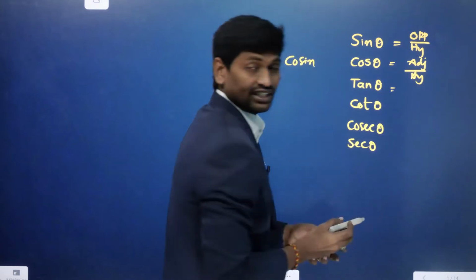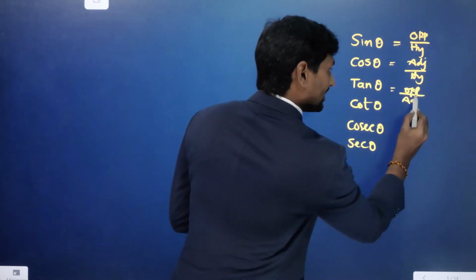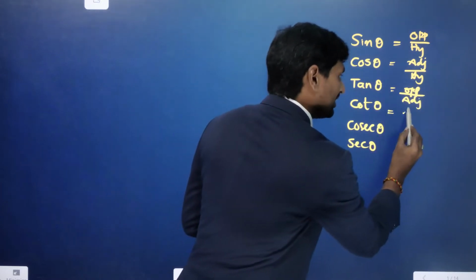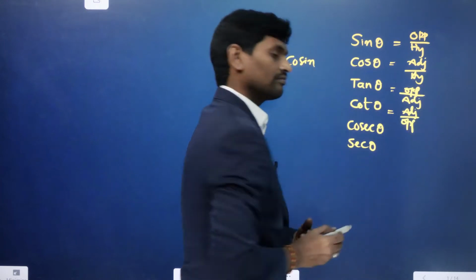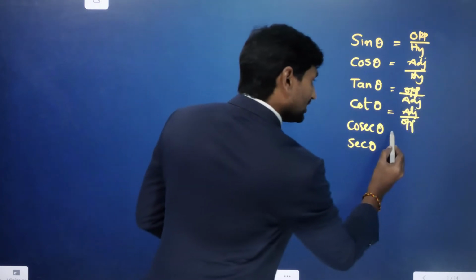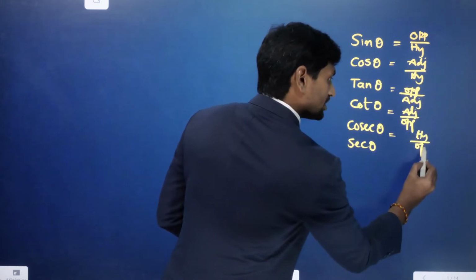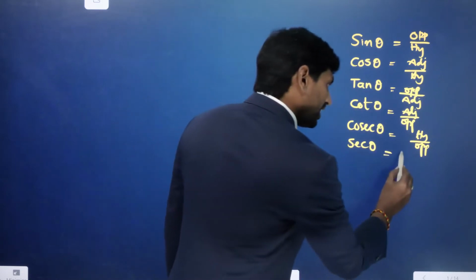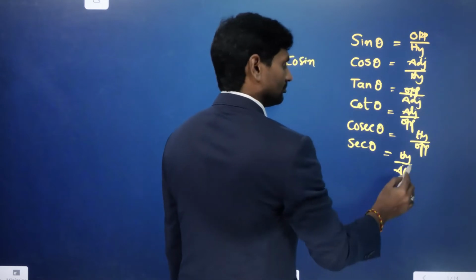Tan theta represents opposite side by adjacent side, and cot theta represents adjacent side by opposite side, and cosecant theta represents hypotenuse by opposite side, and secant theta represents hypotenuse by adjacent side. Okay?